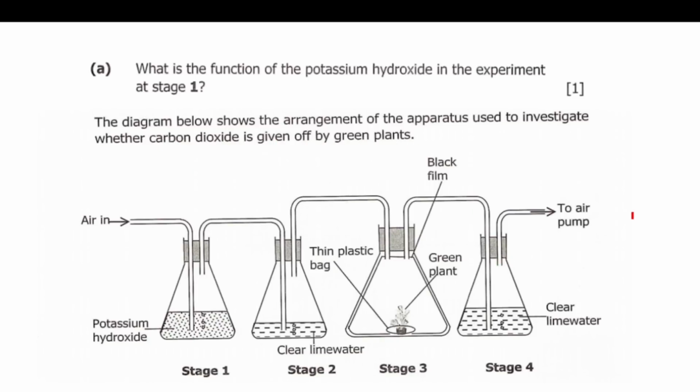So if we allow carbon dioxide to enter here and later on have it coming outside here, how will we know whether this carbon dioxide entered here or was produced by a plant? So first of all, it has to be removed, by potassium hydroxide. So the function of potassium hydroxide in the experiment at stage 1 is to do what? To absorb carbon dioxide.